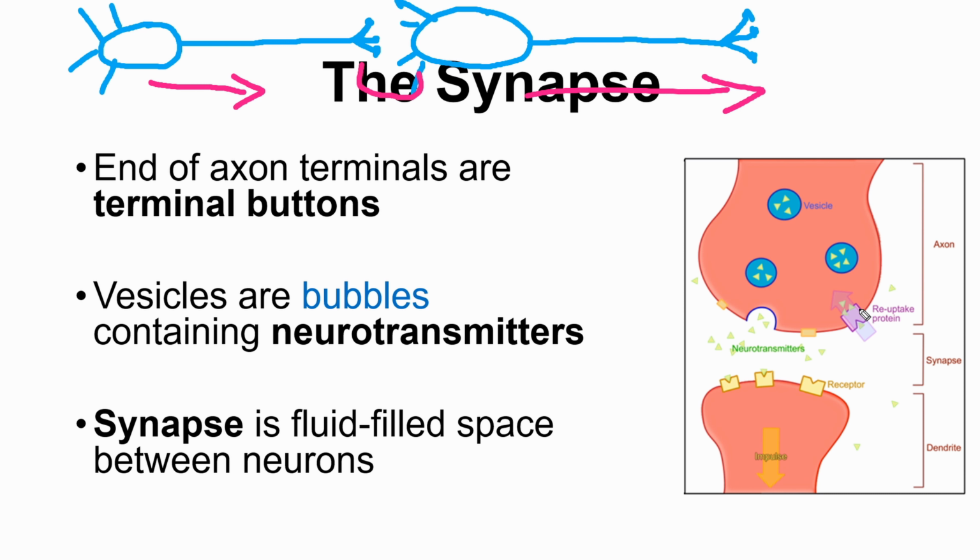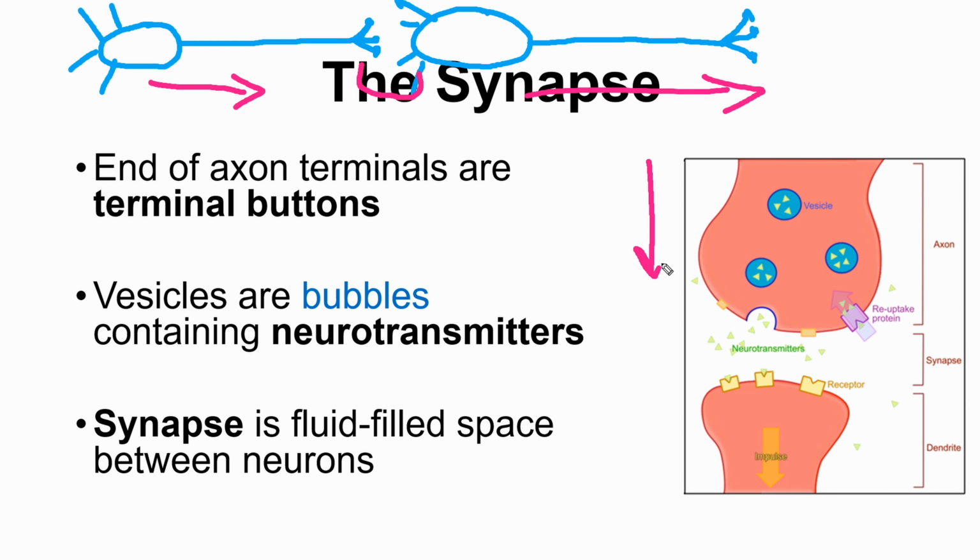In this diagram, we have the axon and the terminal button of the presynaptic neuron. Then we have the synapse, which is the gap between the two neurons. And then we have the dendrites, these parts of the postsynaptic neuron, the neuron that's after our gap.